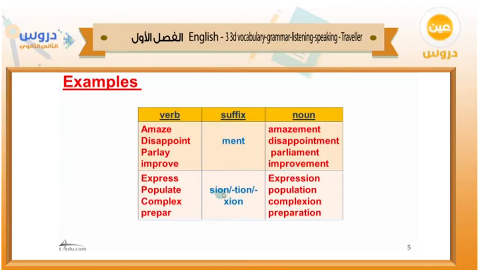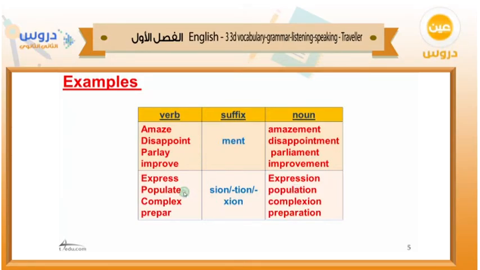Also, we add sion, tion, which is pronounced as shin, and zion at the end of some other verbs to change them into nouns. How? The verb express, we add sion, and it becomes expression. Express, verb; expression, noun. Populate, we add tion and it becomes population.